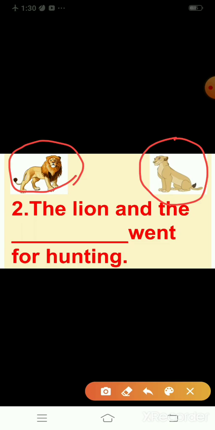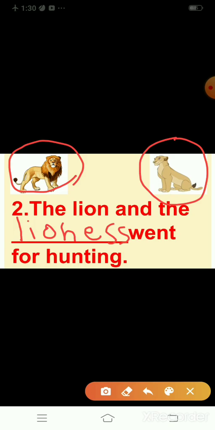Lioness. Correct. Lion is a masculine gender and lioness is a feminine gender. The lion and the lioness. Let us write the spelling. Lioness. Okay.